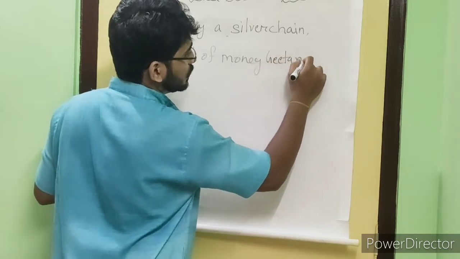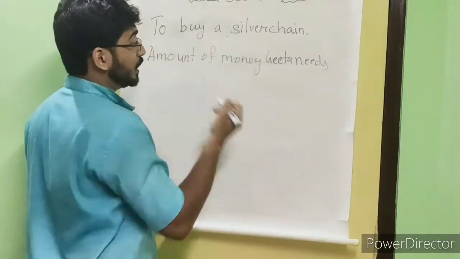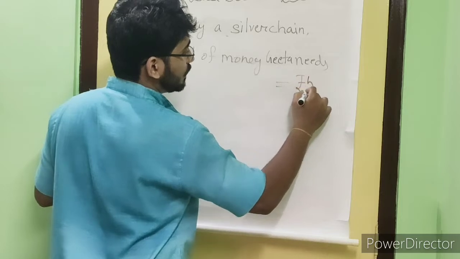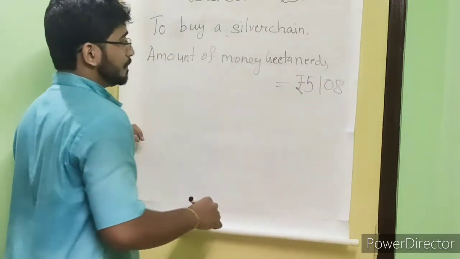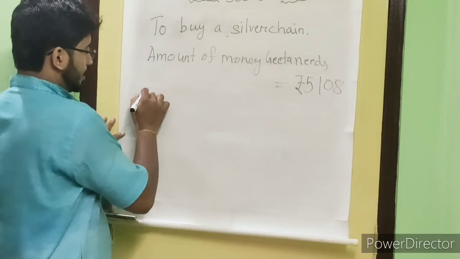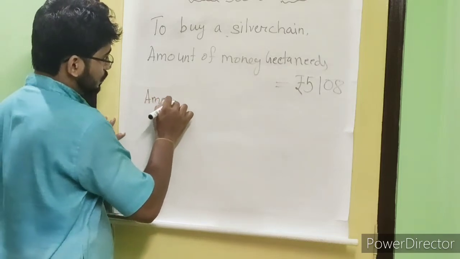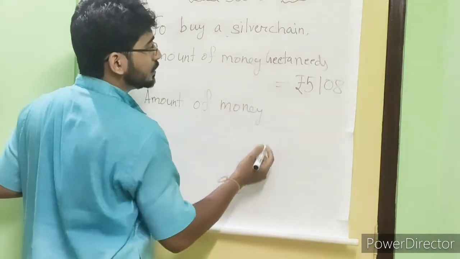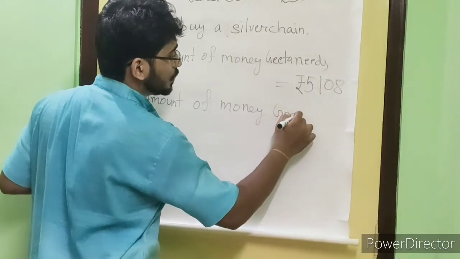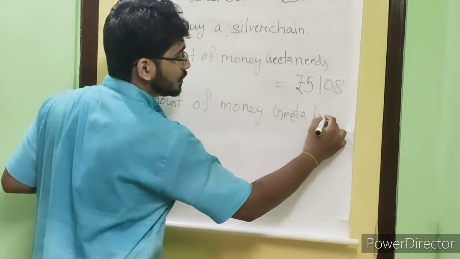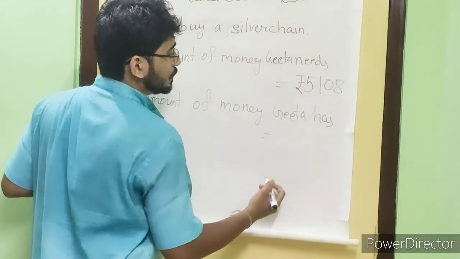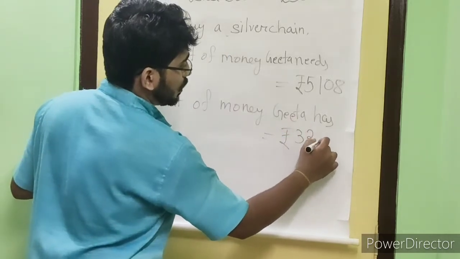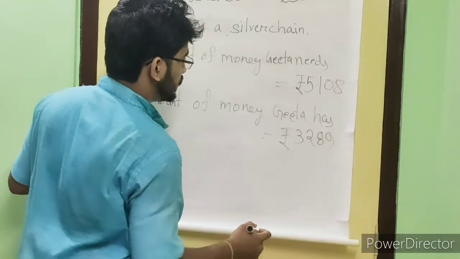Gita needs, I don't have enough space, so I am writing here rupees 5,108, amount of money Gita has rupees 3,289.